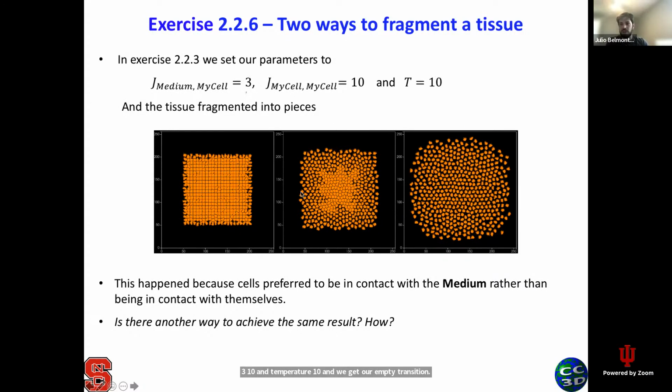The reason our cells spread is that the cells prefer to be in contact with the medium rather than with themselves, and you can actually spread the tissue in this way. Okay, so what is another way that you can induce fragmentation of the tissue? Is there another way to achieve the same end result by changing something else?